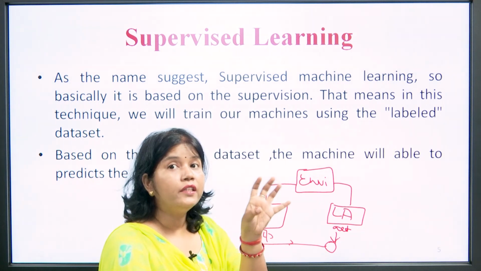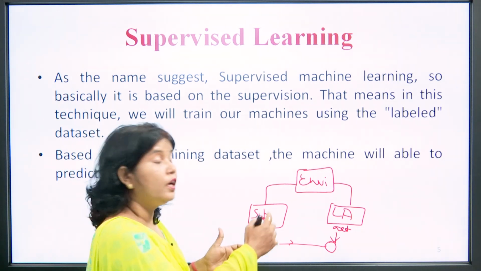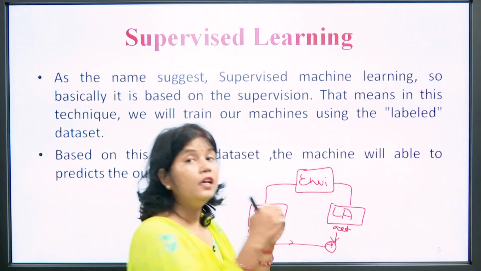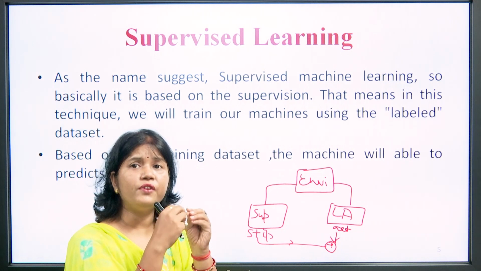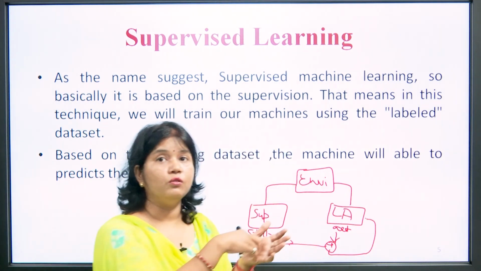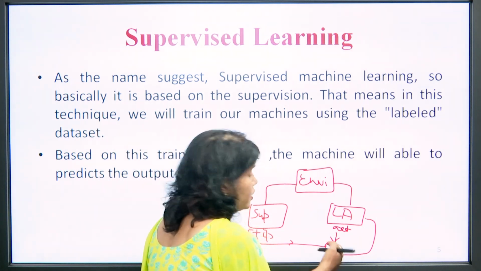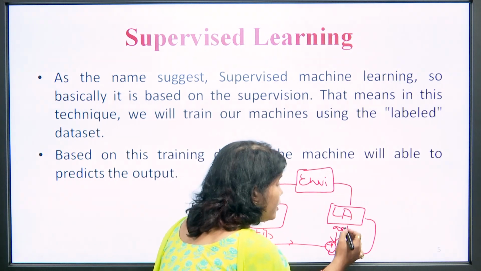So you match the actual output with the supervisor's standard input, and obviously it will be very close to the result, but not the exact value. I will discuss later what exactly it is, and there may be some error.